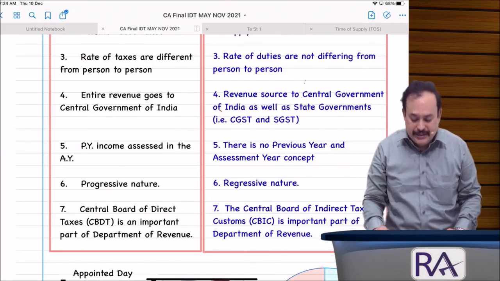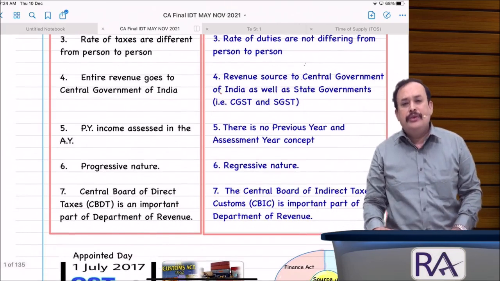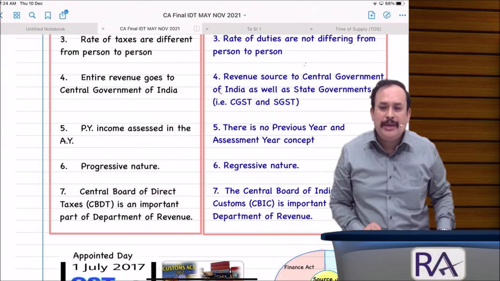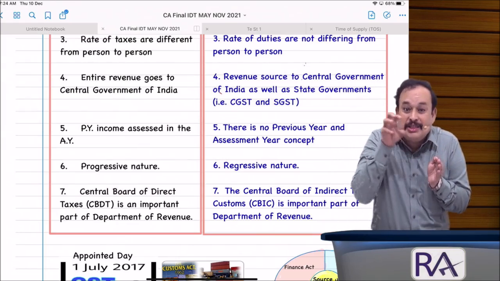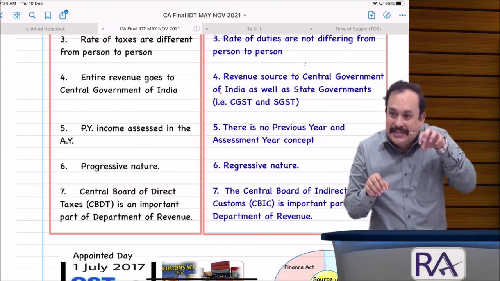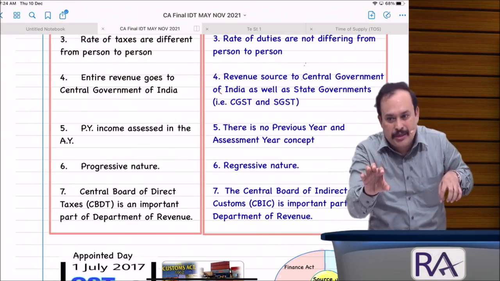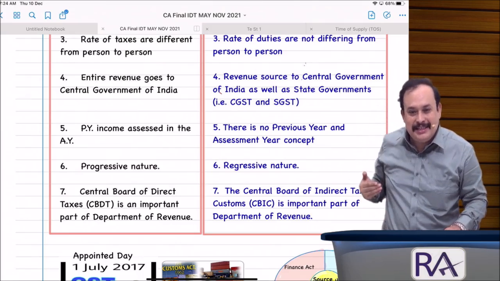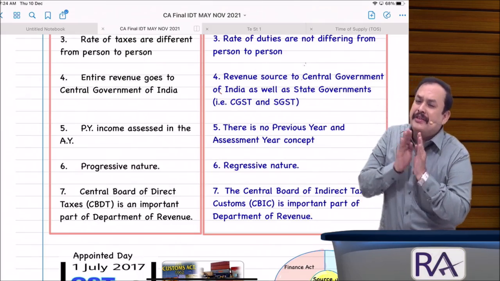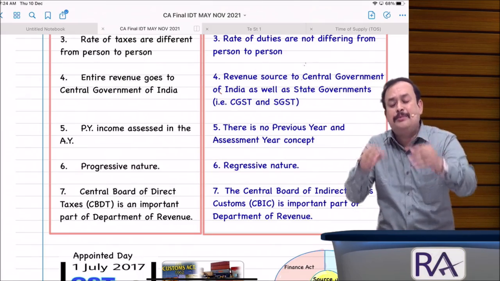Further, my dear friends, in the case of direct taxes, you come across the previous year and assessment year concept. Careful: under indirect taxes, such a previous year and assessment year concept does not exist at all.